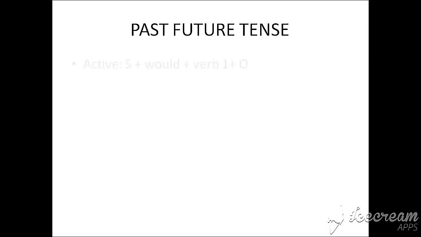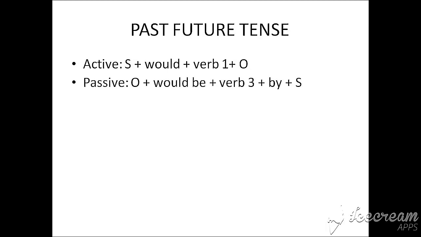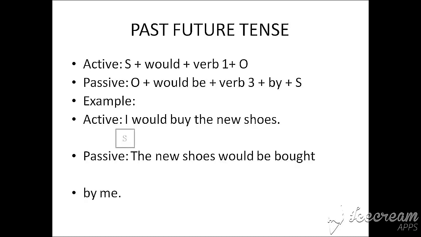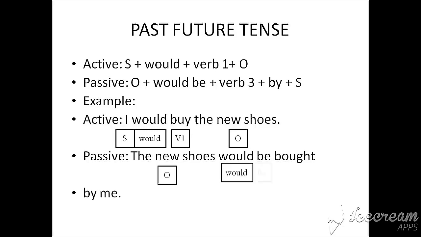And this is past future tense, the formula of active and passive voice is there. The example of this past future tense in an active sentence is I would buy the new shoes. The passive voice is the new shoes would be bought by me.